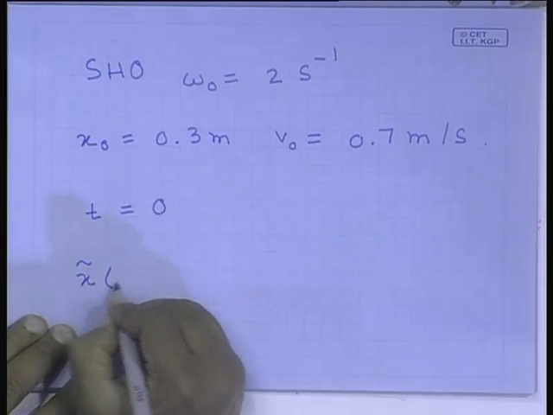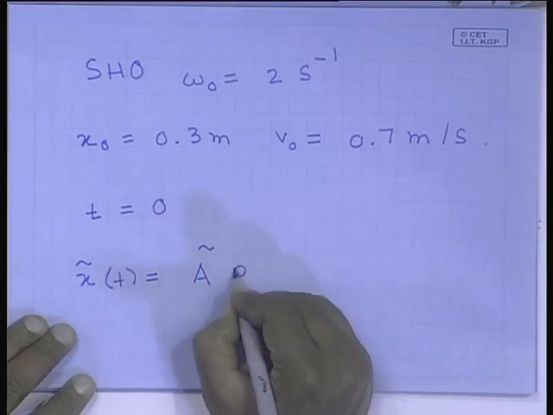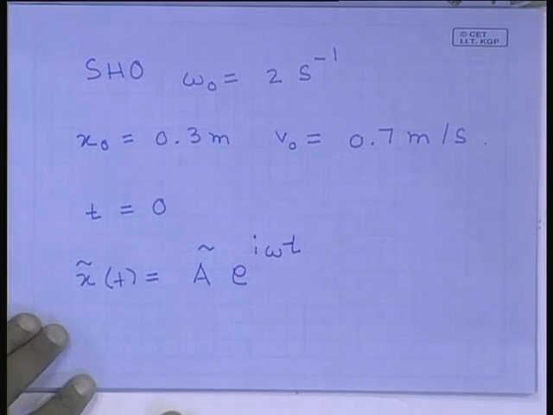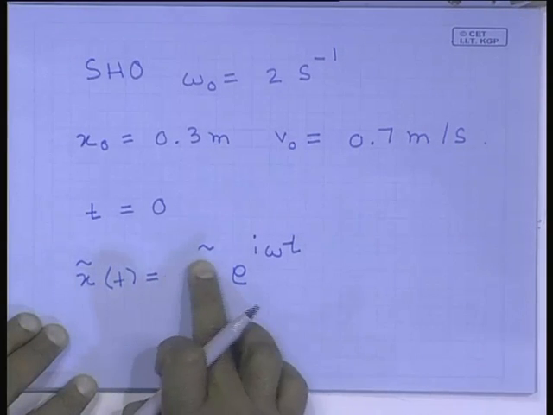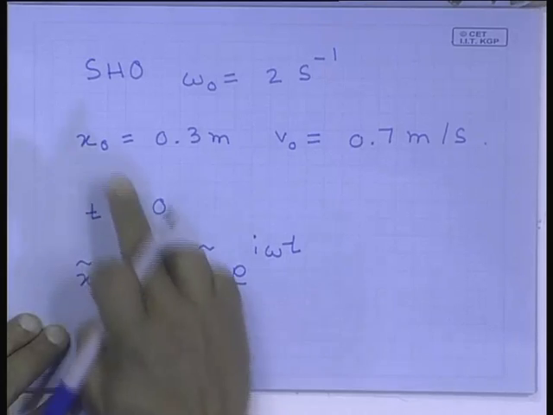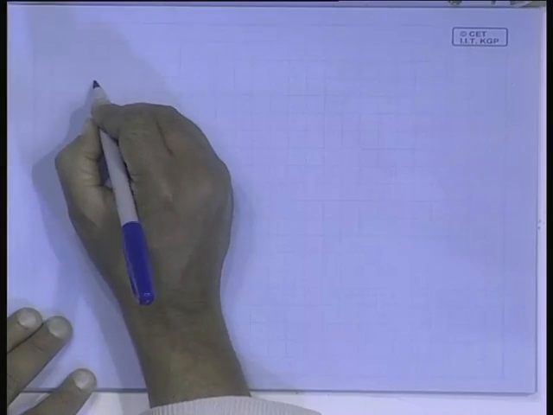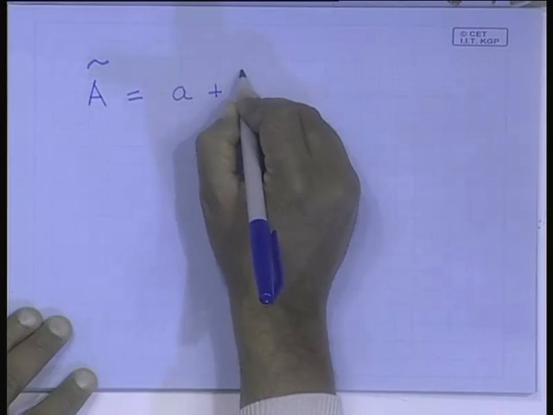Now, we represent the oscillation through this complex variable x tilde t, A tilde e to the power i omega t. The problem is that you have to determine this complex amplitude, which has all the information about the initial conditions, from these initial conditions which have been given. And you could represent the complex amplitude A tilde as a plus ib.